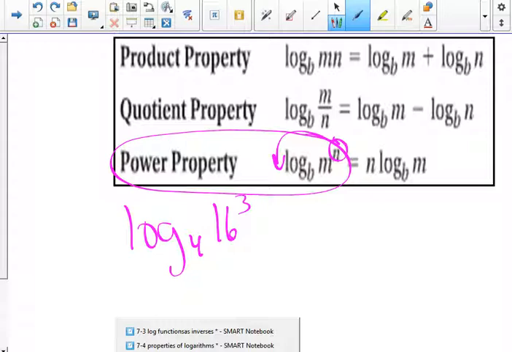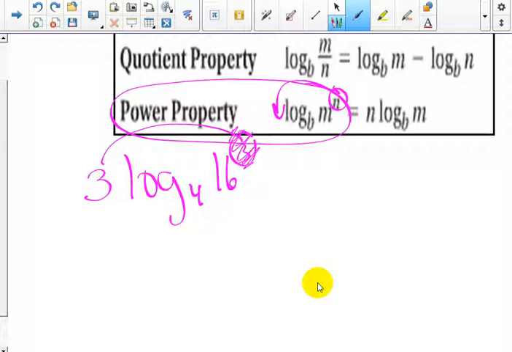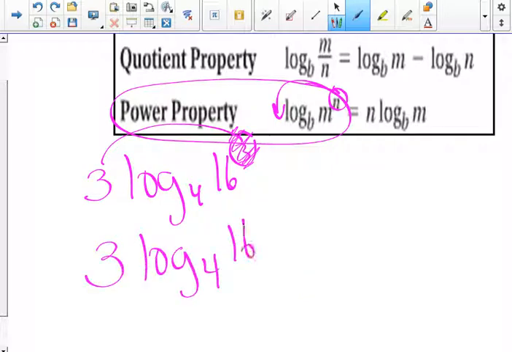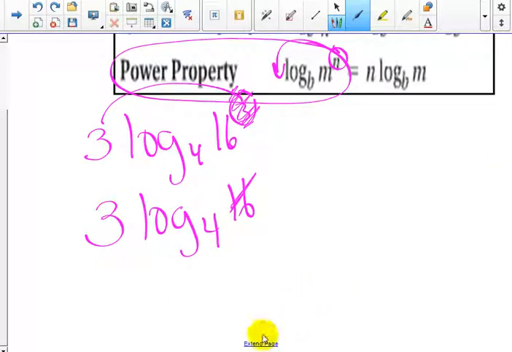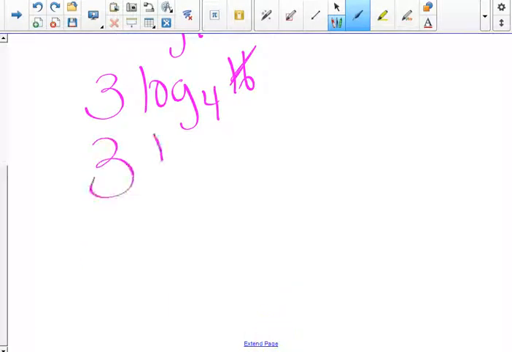So what's my n in this equation? The 3. So we're going to move that out in front of the equation and erase it there, and you're done. Actually, let's go ahead and simplify this one for grins, okay? Because we've already done a 16. So if it's 3 log 4 of 16, we can rewrite 16 as 4 squared, right? So let me extend that: 3 log 4 of 4 squared.